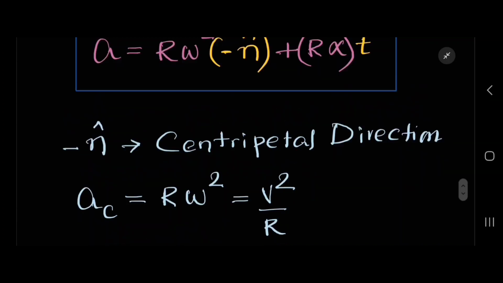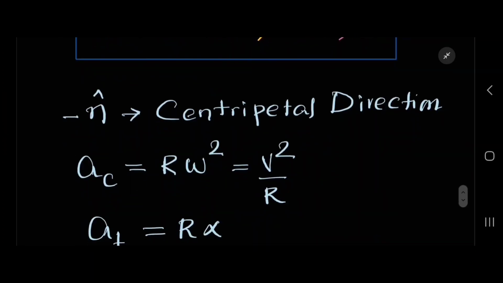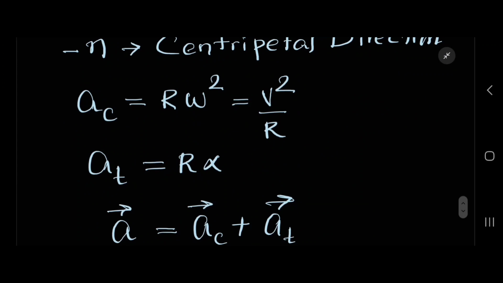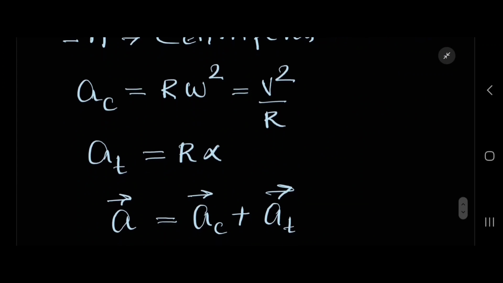Then tangential acceleration is r alpha. For a particle moving in a circular path, the linear acceleration can be split into two components, AC bar plus AT bar. The centripetal component is responsible for change of the direction of velocity, whereas the tangential component of acceleration is responsible for change in the magnitude of the velocity.